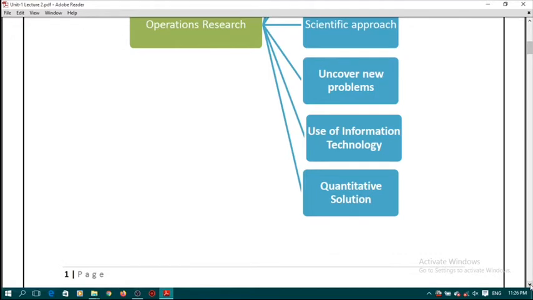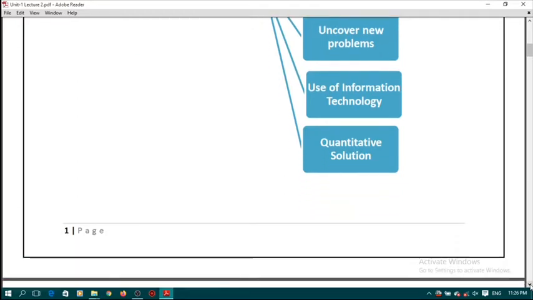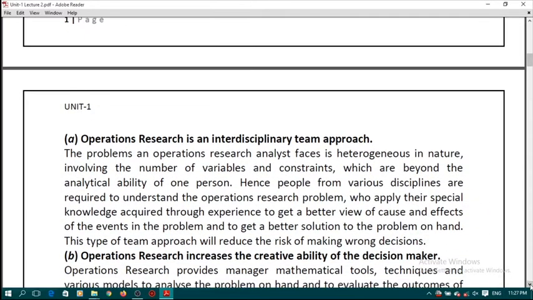It provides quantitative solutions. Yes, it only provides quantitative solutions. It does not deal with emotions or any other thing. It deals with only numbers and data, and processes on that only. So let's discuss them in detail.